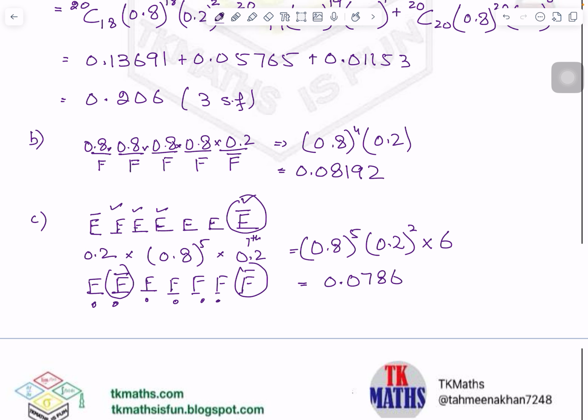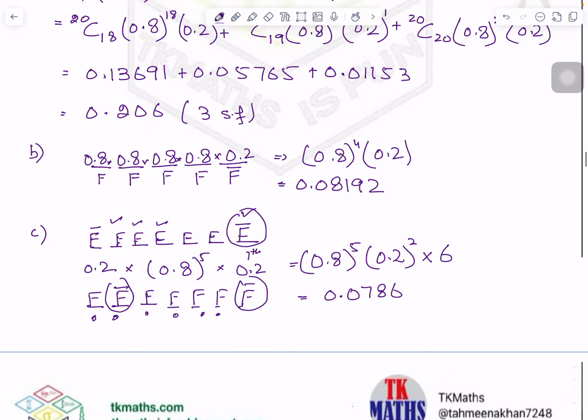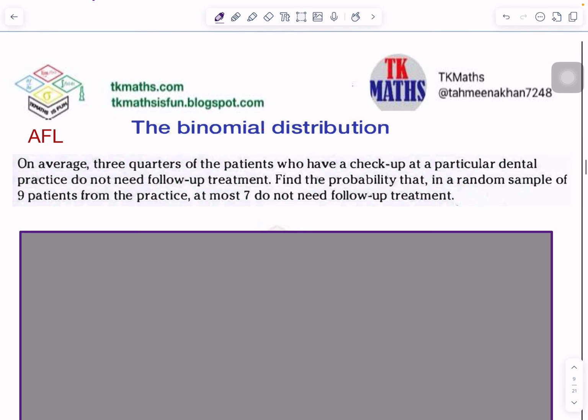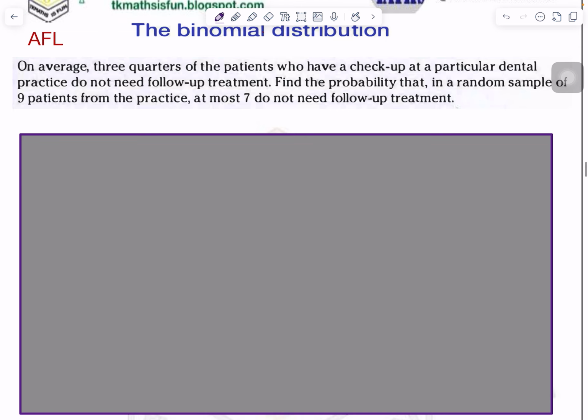So I hope you understood this, without even knowing the geometric distribution, with the help of simple probability. Now this question is here for your understanding, I mean for your assessment, of how much you understood so far. So you can put the video on pause and solve this question, and I will show you the solution here.